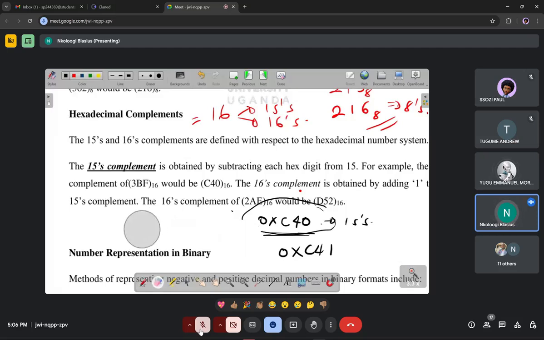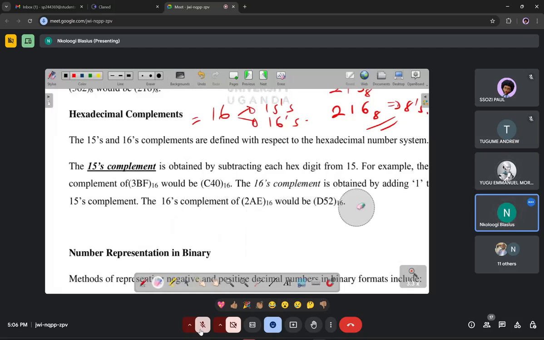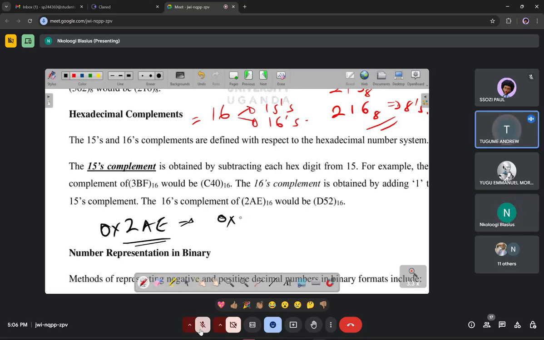We have this other number 2AE, and we need its 16's complement. What would you have? 0x, 15 minus 2. 13. Are you sure? 15 minus 2, 13, yeah.